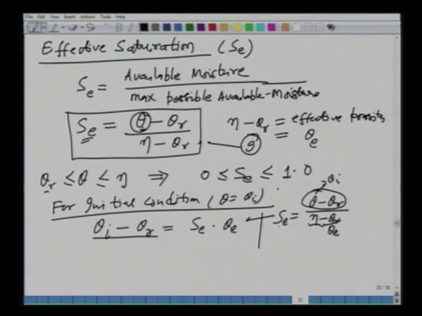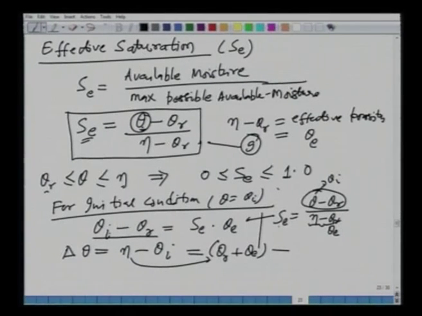Now, what will be the delta theta, which is one of the parameters of the Green-Ampt equation? This will be equal to eta minus theta I, that is what we have defined initially. Eta is theta r plus theta E, minus what is theta I?